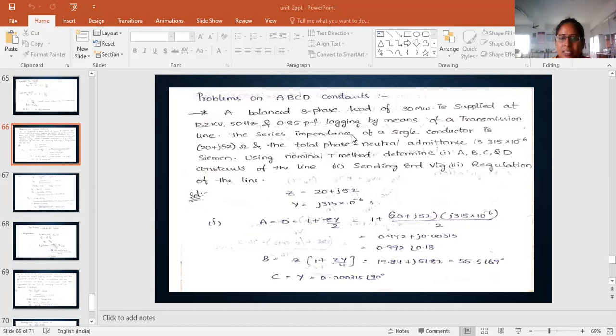Also given is the series impedance value. Impedance Z is nothing but R plus jXL. So the R value is 20 and the XL value is 52. 20 plus j52 is the impedance value, and one more value given here is the admittance value, which is 315 into 10 power minus 6 Siemens. That's the Y value.